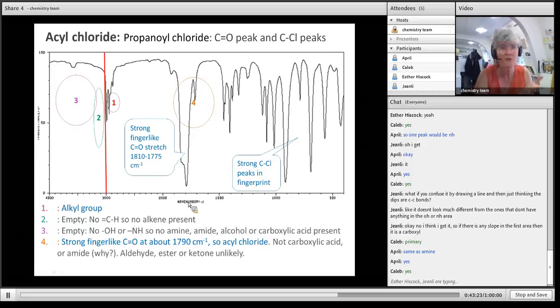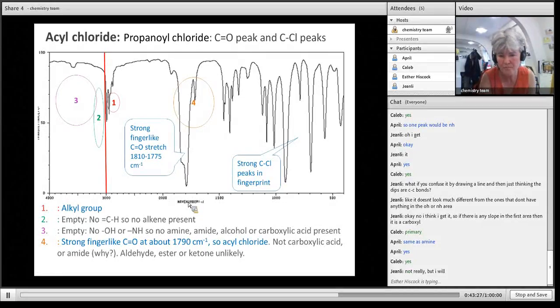So do you think you've got the pattern so far? Yeah. Okay. As you work with them, you'll be able to just do it in your head. But even if you don't, you've got the tables there. In the tables, I simply say C double bond O stretch, and I give you a range for an amide, or for an ester, and so on.